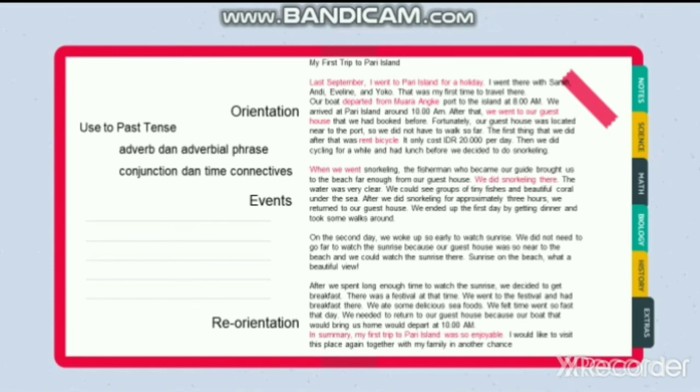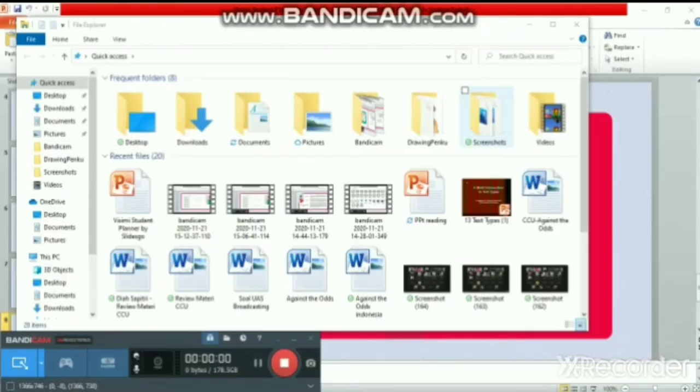Reorientation in here is a summary: In summary, my first trip to Fairy Island was enjoyable. So, it's like a conclusion or summary. Yeah, like that.